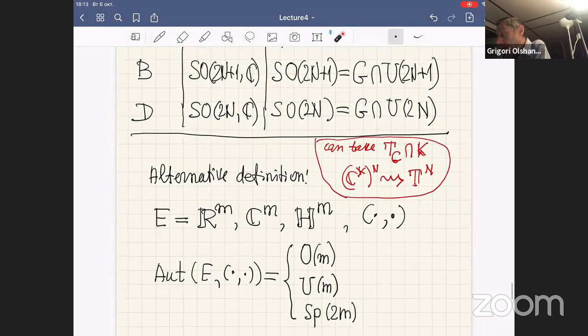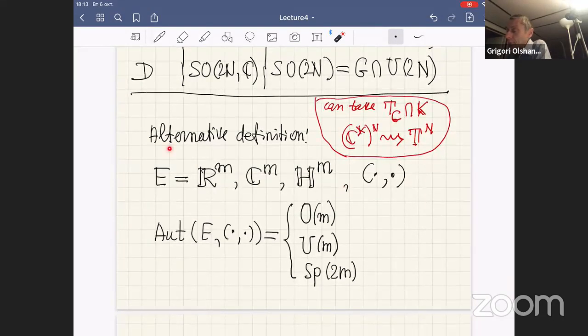But I would like to observe that there is an alternative definition, which in some situations looks more natural. Namely, we have at our disposal only three fields: the reals, the complex numbers, and the quaternions. Take the finite dimensional space of dimension m over this field or skew field, and there is an inner product which makes this space a finite dimensional Hilbert space.